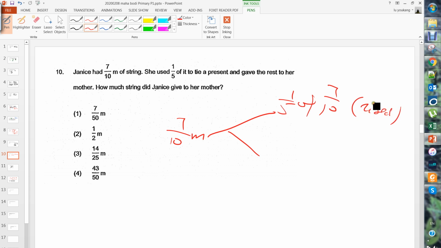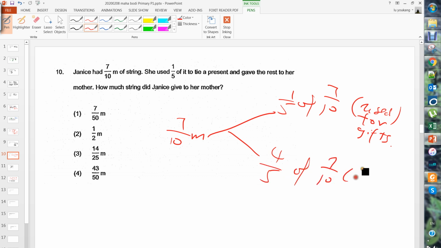To tie a present, or gift, right? So what is left? 1/5 used. What is left? 4 over 5. 4 over 5 of 7 over 10.